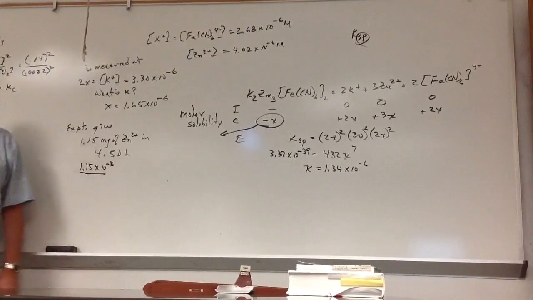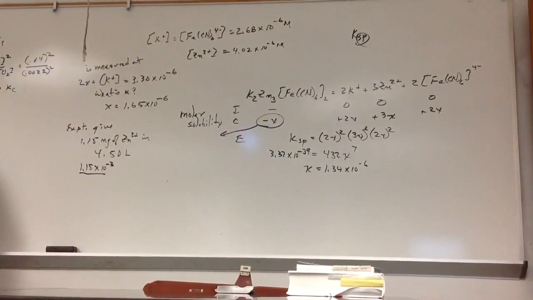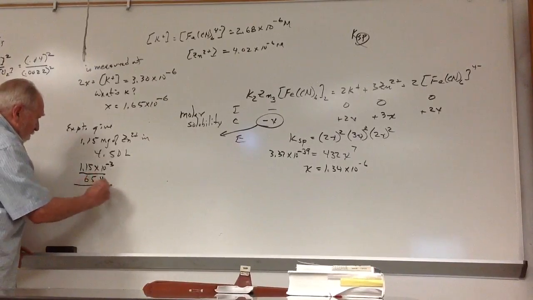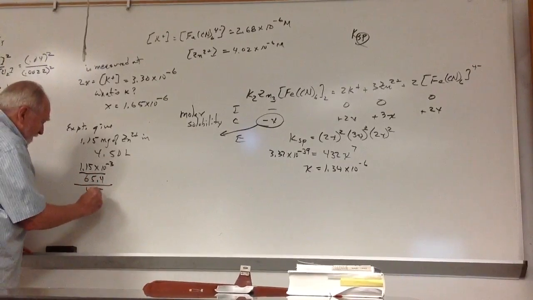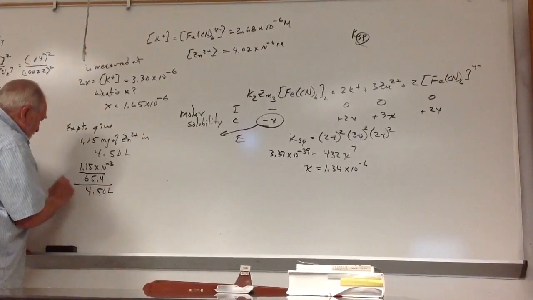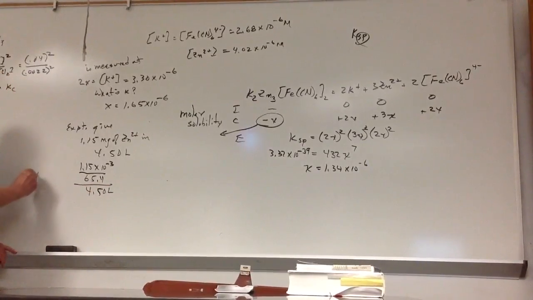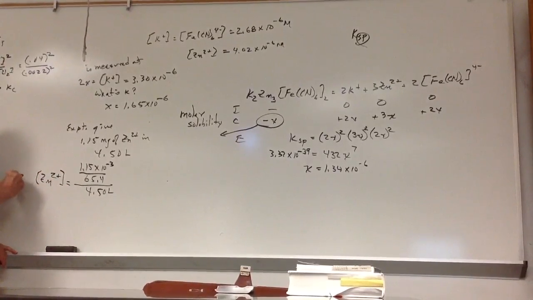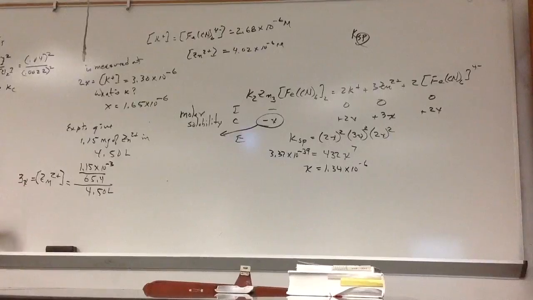You look up here for zinc and you see 65.4 over 4.5 liters. And this is going to be zinc ion, which is going to be 3x, because that's what we call zinc over there. So once you get this number and divide by 3, it gives you x, and you do the same problem.